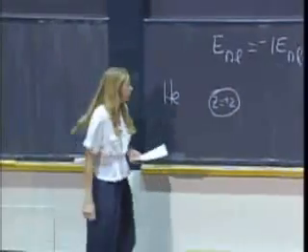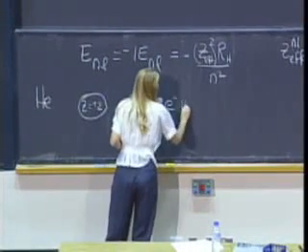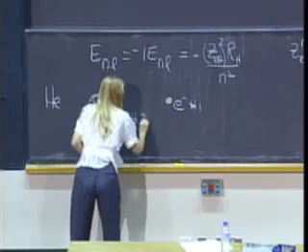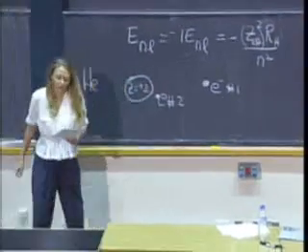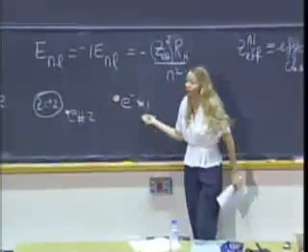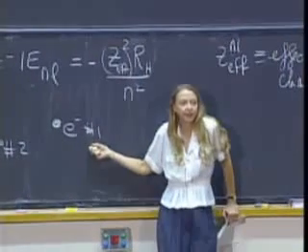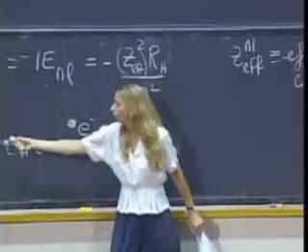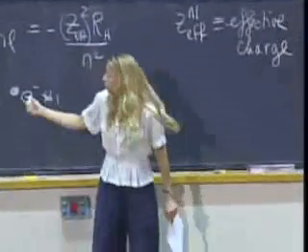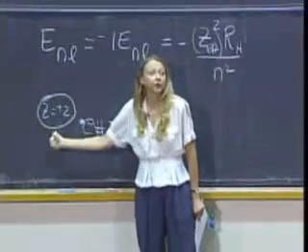And of course, helium has 2 electrons. And so I have, say, electron number 1 over here, and electron number 2 over here. Okay? But the bottom line is that this electron 1 does not experience the full nuclear charge. Why? Because on the average, there's another electron in between it and the nucleus.